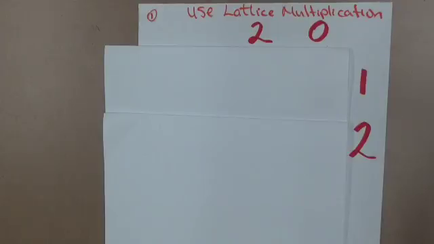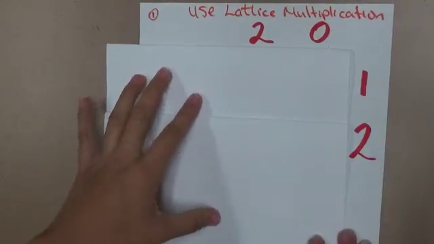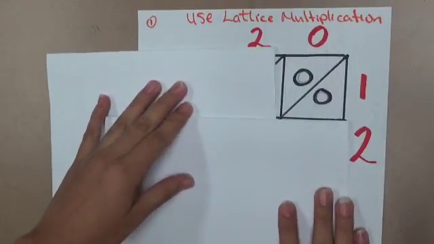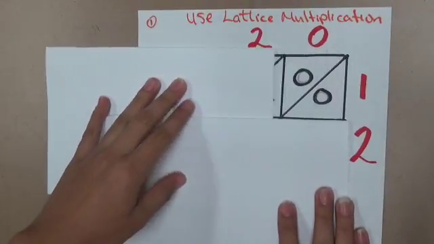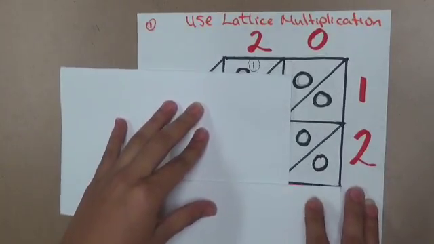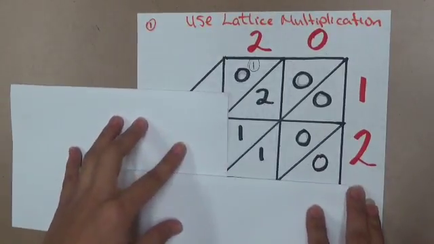Since we've already practiced using the lattice addition method, we're going to be using the lattice multiplication method by multiplying 20 by 12 in base 3. So we start off with 0 times 1 is 0, 2 times 1 is 2, 0 times 2 is 0, and 2 times 2 is 4.